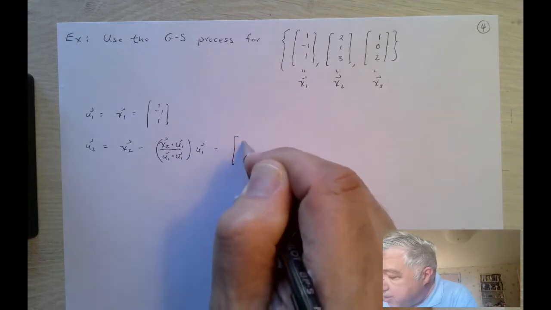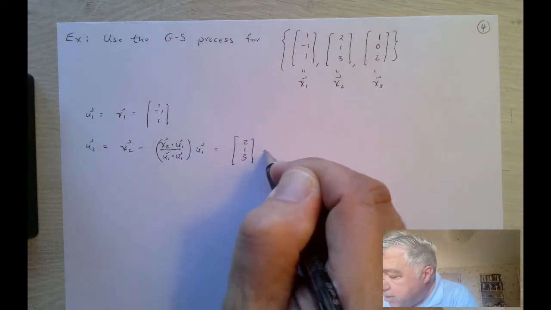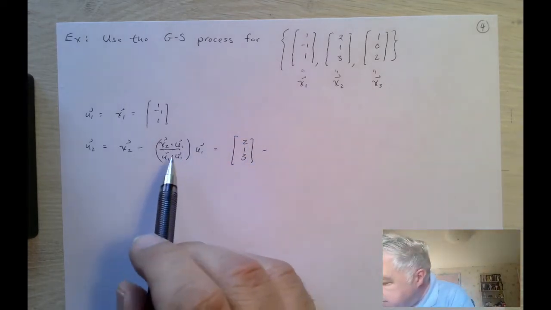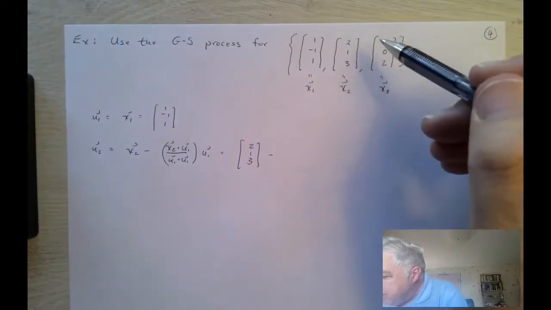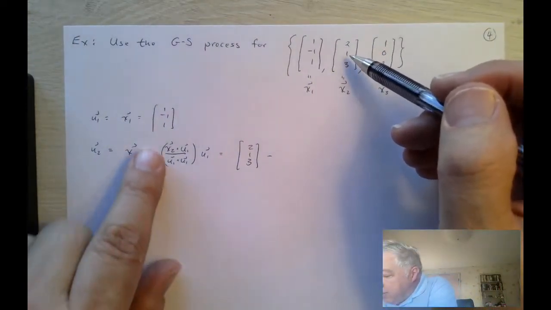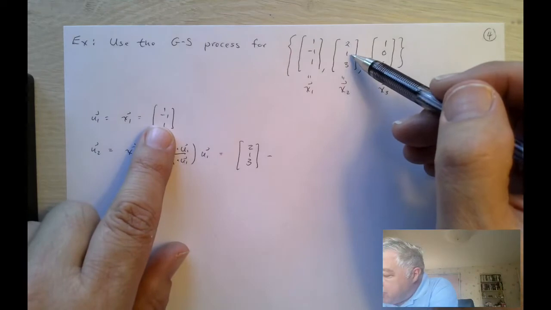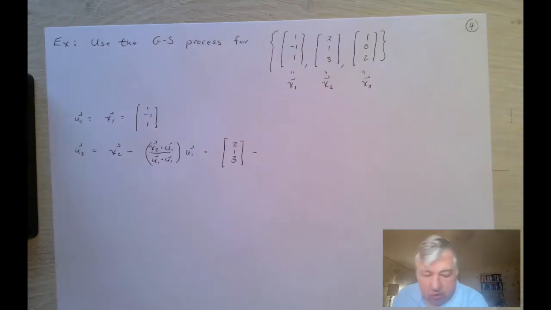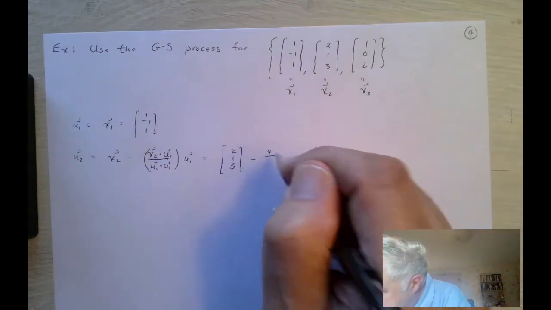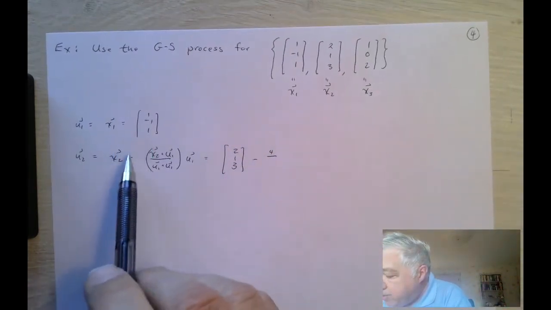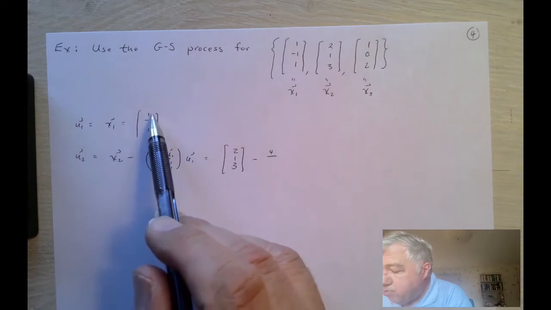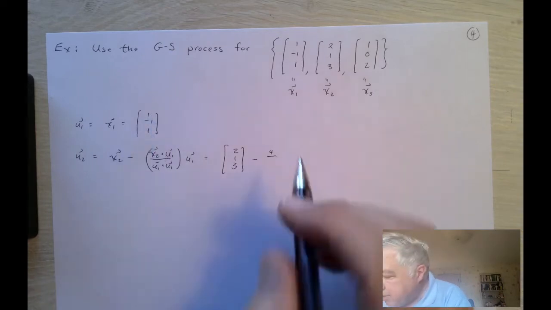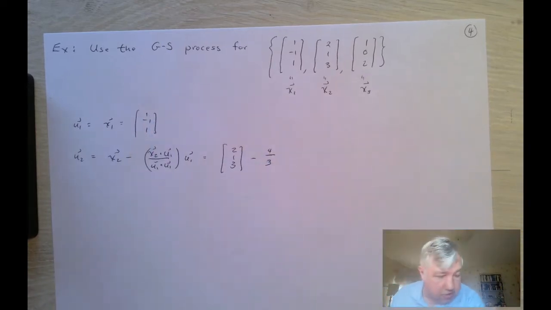So this will be 2, 1, 3 minus the dot product of x2 and u1. So this would be 2 minus 1 plus 3. Okay, so that should be 4. And then u1 dot u1 with itself is just 1 squared plus 1 squared plus 1 squared. That's 3.